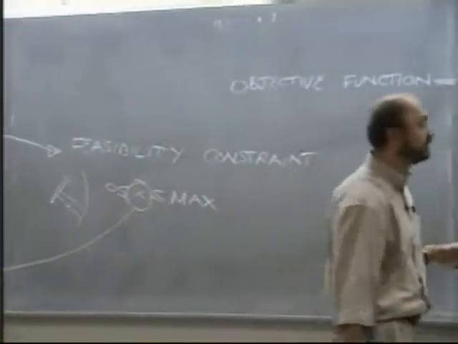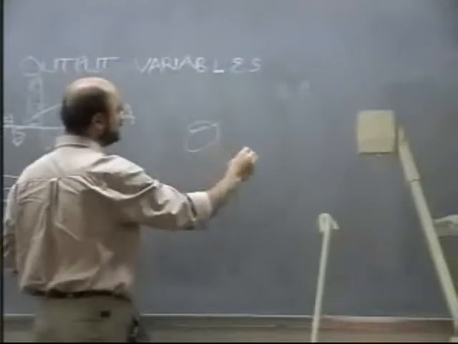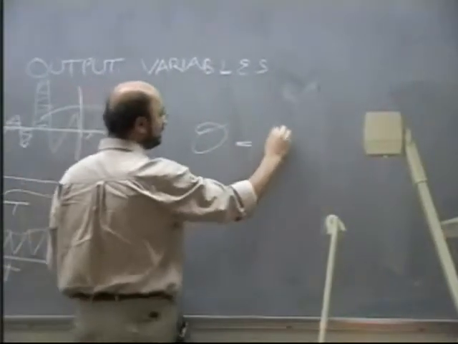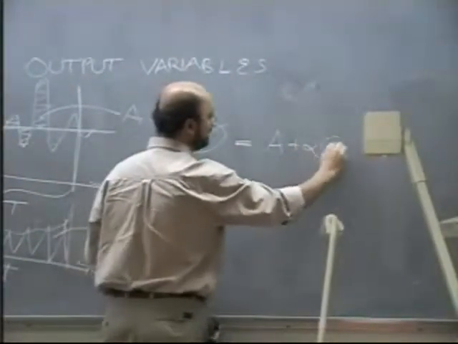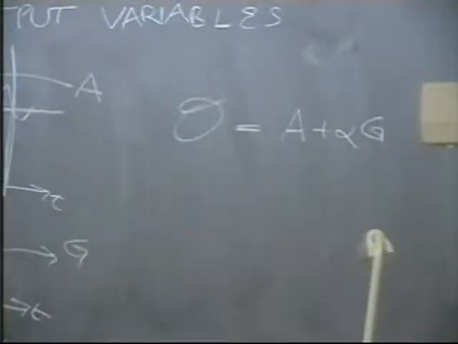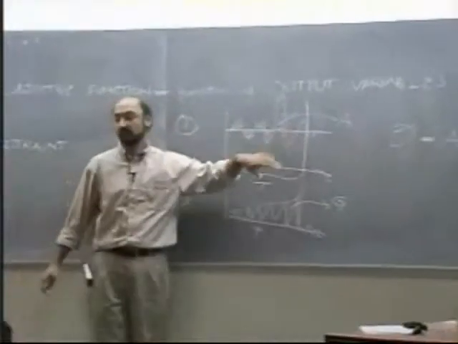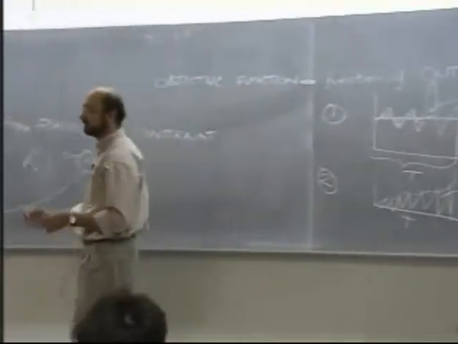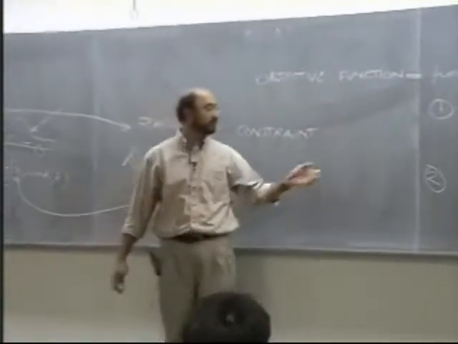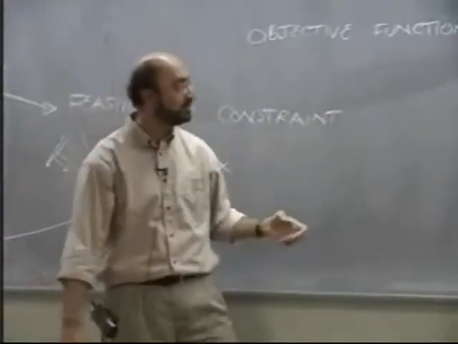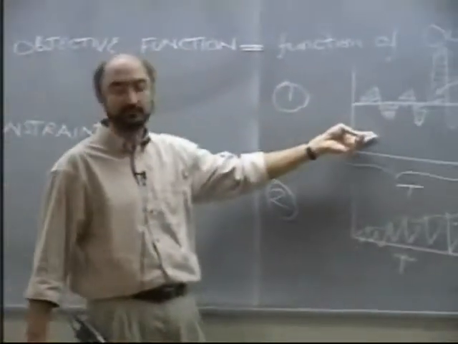So what I can define as the objective function, typically written as script O, is just A plus alpha G, all right? If A is large, my system is not doing too well. It's not really keeping the set point. I want the set point to be 70 kilometers an hour, and it's sometimes too fast and sometimes too slow.